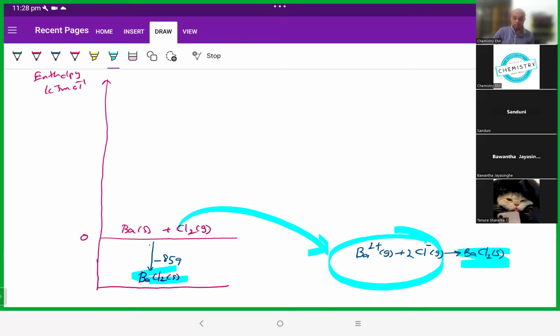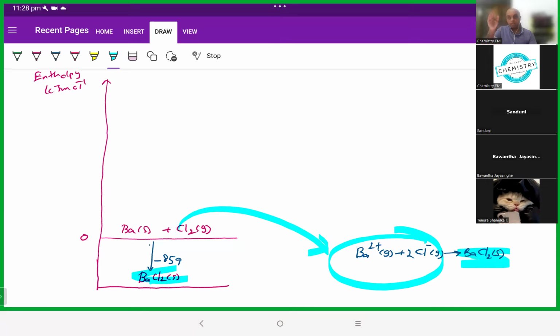So I am trying to produce barium 2 plus from barium solid first. You know, ionization enthalpies are involving gases. So first of all, I need to convert. Why I need to deal with ionization enthalpies is I need to produce Ba2 plus gas. Ba2 plus gas can be produced from Ba plus. Ba plus can be produced from barium gas. Barium gas can be produced from barium solid.